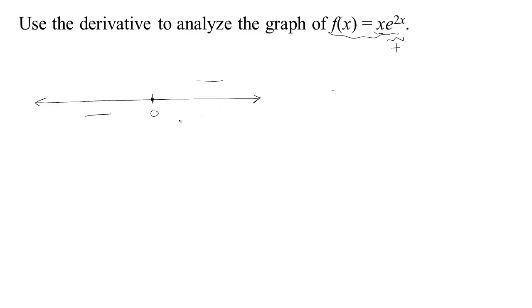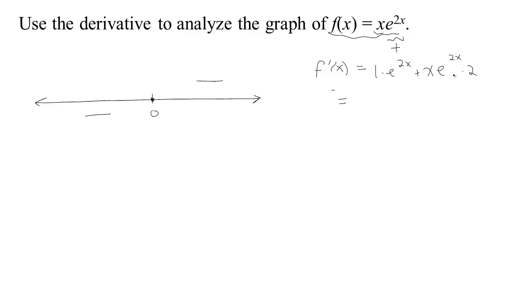That's a starting point. Now let's think about adding a little more detail here. So if we look at the first derivative, that will tell us about whether the function is moving up or moving down. If we take the derivative, that requires the product rule. Since we have x times e to the 2x, that's a product of two things I know how to take the derivative of. The derivative of the first, which is x, is 1 times the second, plus the first, which is x, times the derivative of e to the 2x, which is e to the 2x, times the derivative of 2x, which is 2.